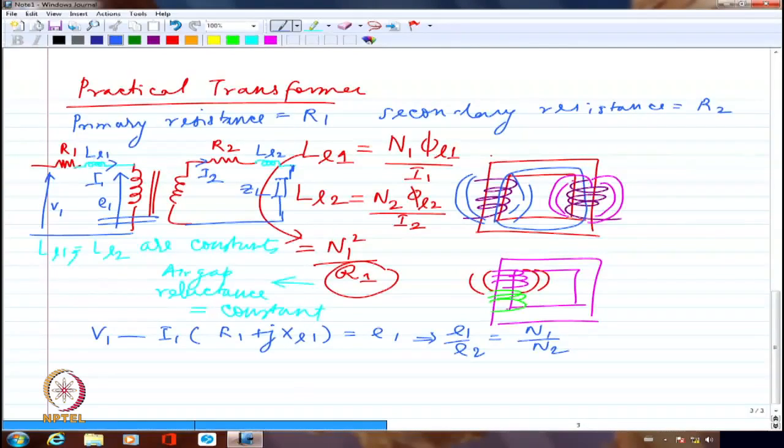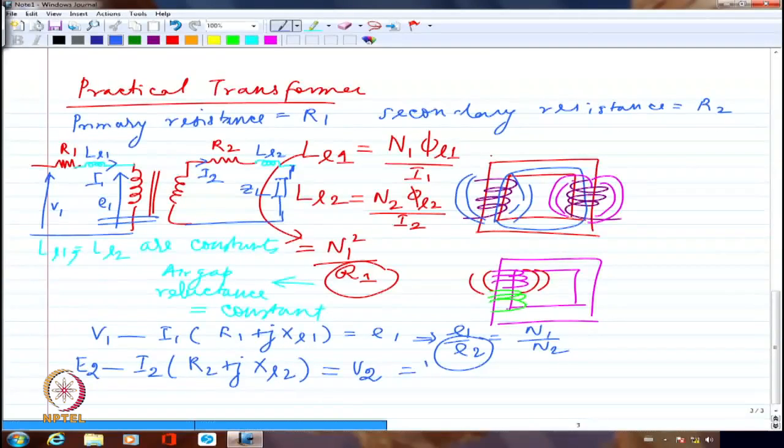Right? Now, this is essentially the voltage that is available in the secondary, E2. So from E2, again I should have I2 times R2 plus jXL2 dropping, and rest of what is available will be the terminal voltage. So I am going to have the terminal voltage V2, or what is available across the load.